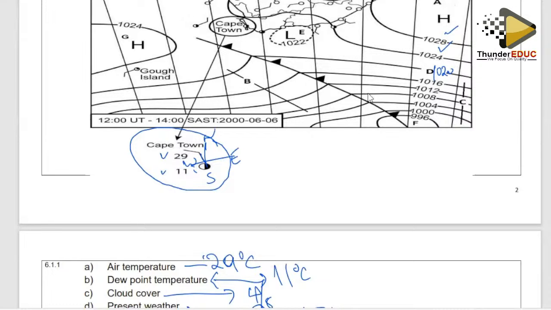So if we try to check the next pressure isobar, which is close to Cape Town, we can figure out that the pressure is between 1020 and 1024, because this isobar is stretching and is getting closer to Cape Town, whilst this one is also coming on this side. So the most close isobar to Cape Town is 1024.